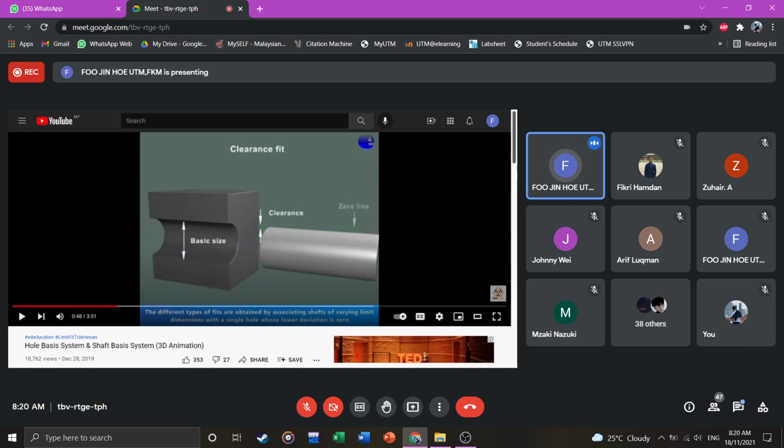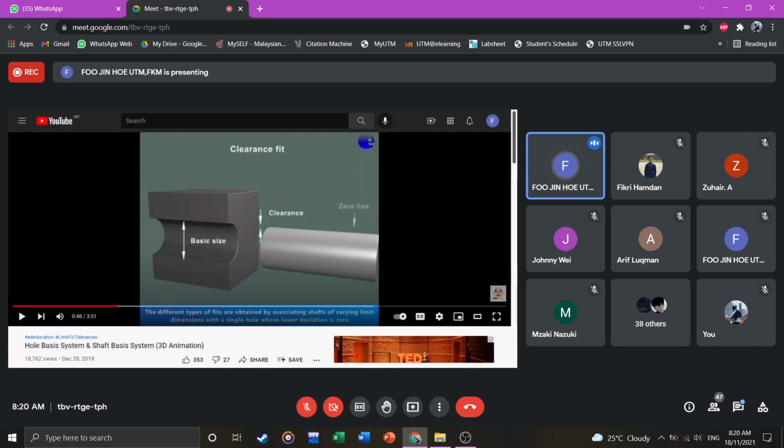In an ideal mating of this hole and shaft, 50 mates with 50, and that will be the most perfect fit. But due to the limitations we have in manufacturing, a 50 and 50 mating is basically impossible. So there will be a plus minus.